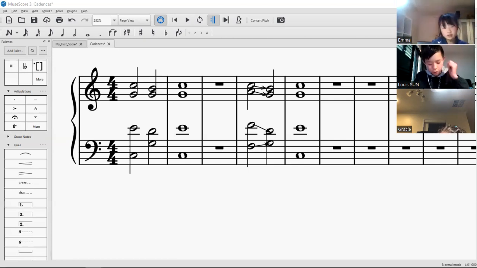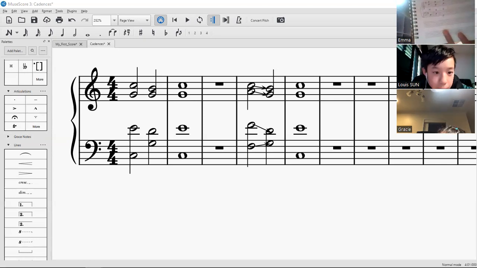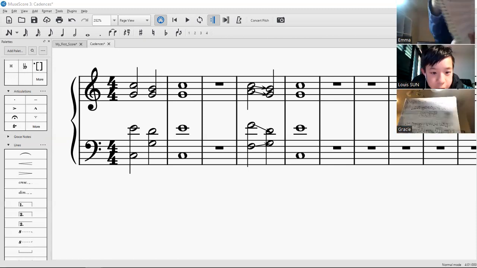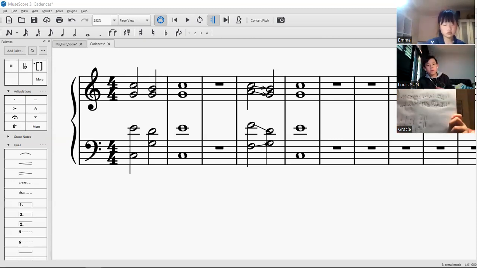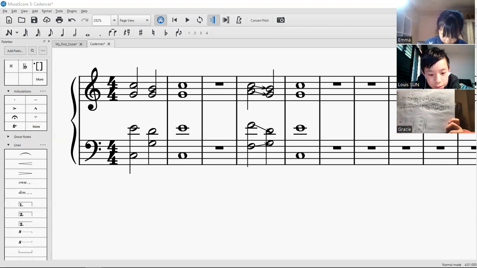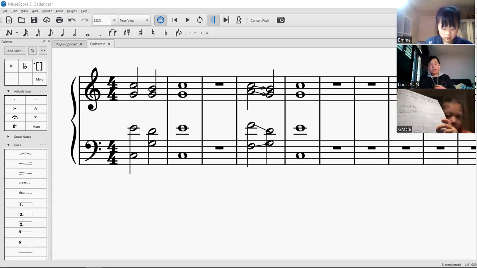Wait a second. I think there's a wrong note in there somewhere. Can I take a look at that? Okay, check the notes in the dominant chord. There's something slightly wrong with that. Okay, Gracie, unfortunately you're gonna have to move that D up because a bass can't sing that low.